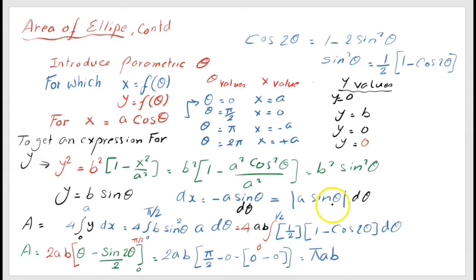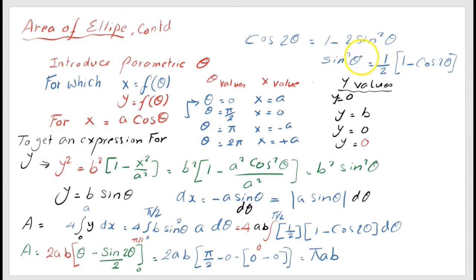So for dx we have a sine theta d theta, and we multiply it by y, which is b sine theta, so we get ab sine squared theta d theta, and we have the 4 outside. We take ab out, so we have capital A equal to 4ab, integrating from 0 to pi over 2 of sine squared theta d theta.